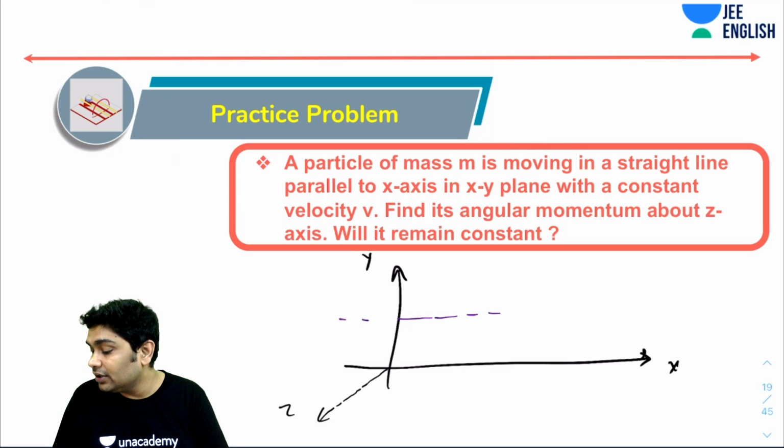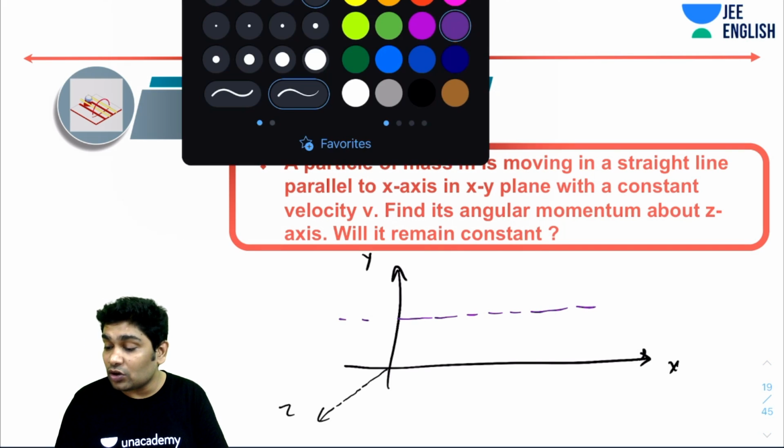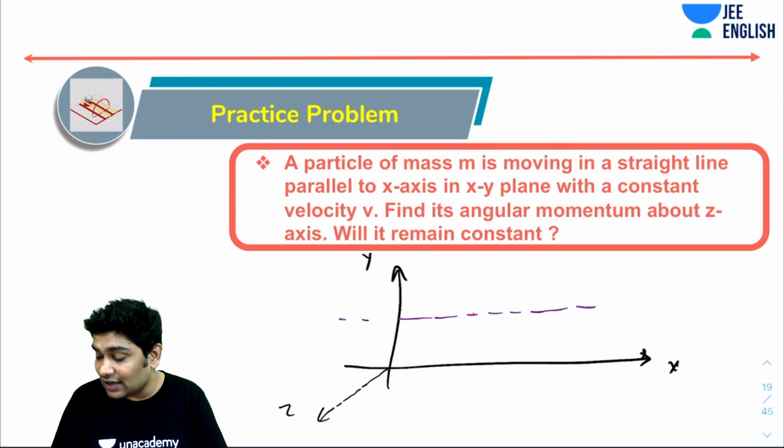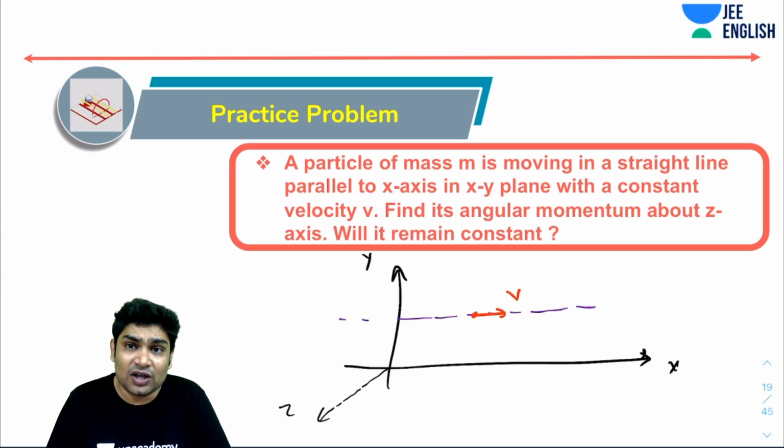Let's say the particle is at some random point here, and it is moving with a constant speed, or rather velocity v. Now you have to find the angular momentum about the z-axis, and also tell me if angular momentum remains constant or not.